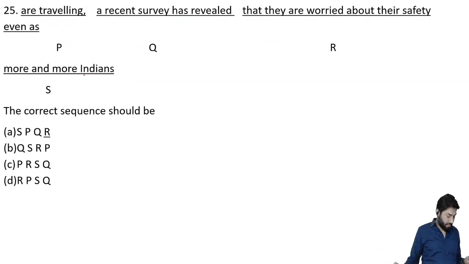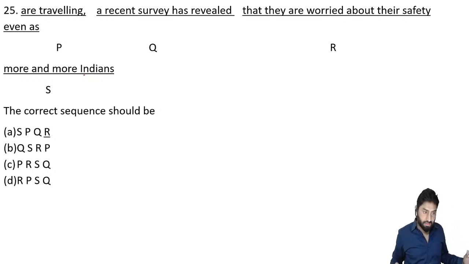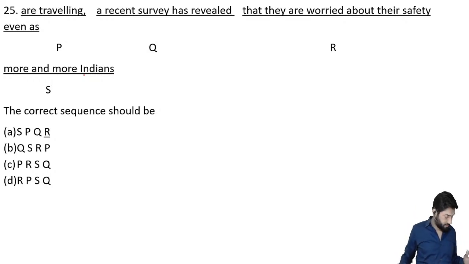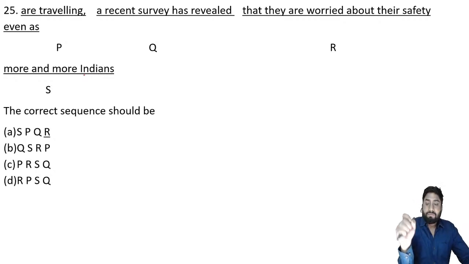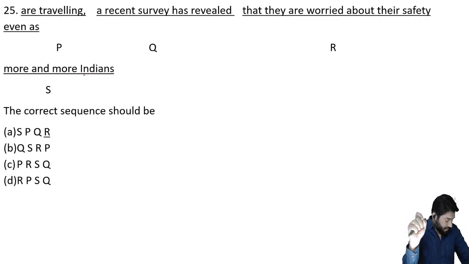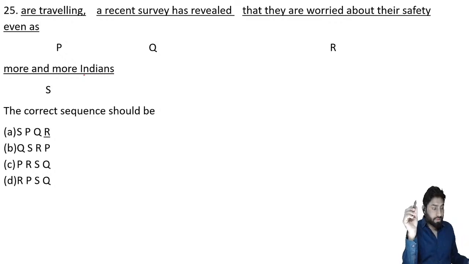Again, I think it's correctly typed. Yes, traveling, that's how it starts. A recent survey has revealed that they are worried about their safety even as more and more Indians. SPQRS, yes. All right, so let's check about this. So which one will you start with?